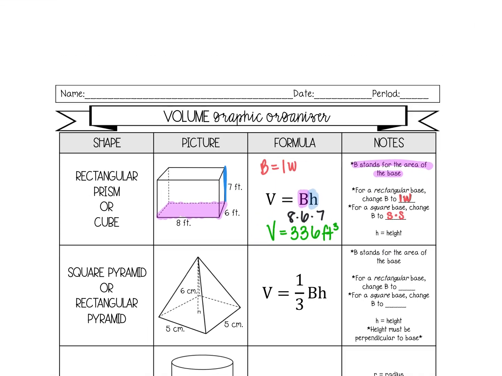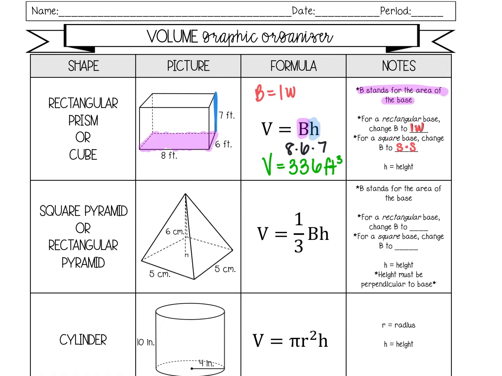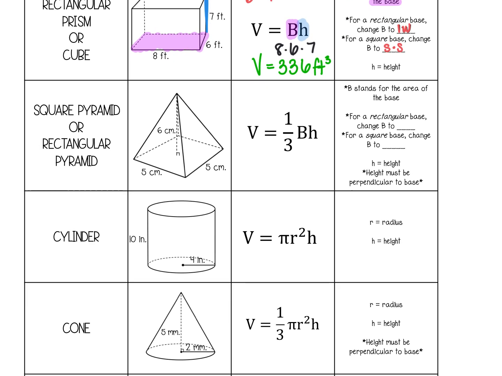Now looking at the next one, it says square pyramid or rectangular pyramid. When you're dealing with a pyramid, if you don't know what a pyramid is, it has an apex at the top. If you look at this entire slide, there are two of them. Here's a pyramid, here's a cone, and they're both being divided by 3.